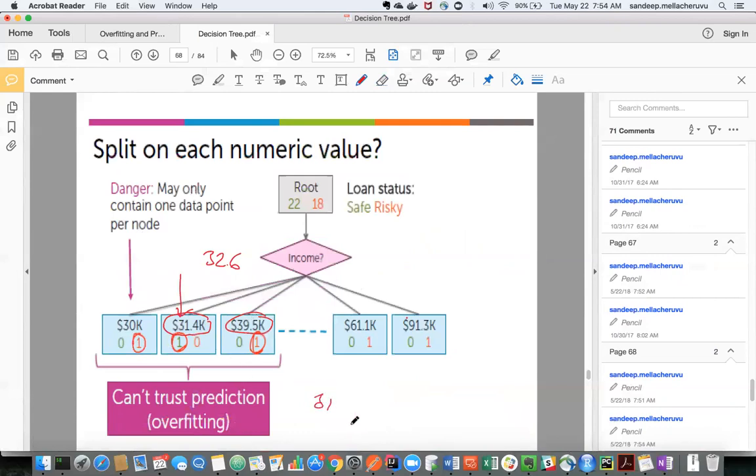For example, very simple. How many real numbers are there between 31K and 32K? Do you know real numbers? How many real numbers are present between 31K and 32K?